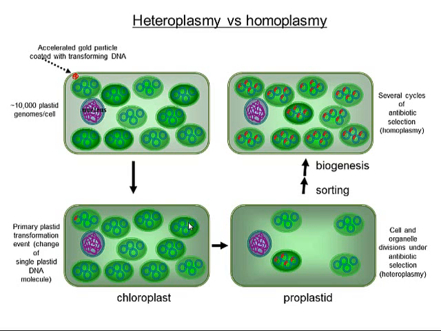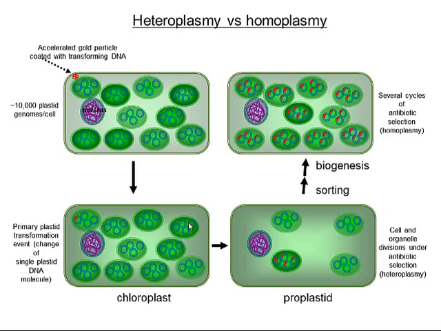One of the things you have to do when you're selecting is to apply a very rigorous selection for your transplastomic plants. The reason for this is that any one cell will contain numerous chloroplasts, so you may have 60 or 100 chloroplasts per cell. Each chloroplast will contain multiple copies of plastid DNA.